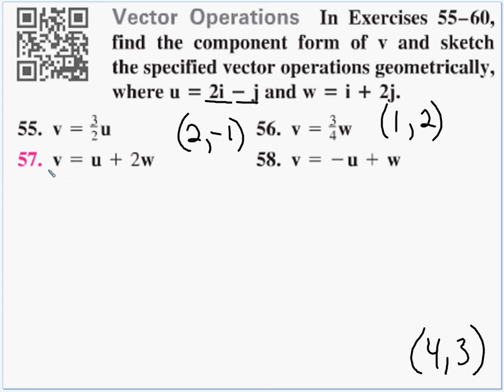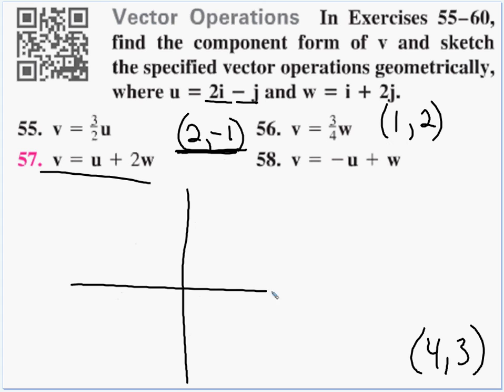So for 57, u would be 2 comma negative 1. So this would be the u vector.